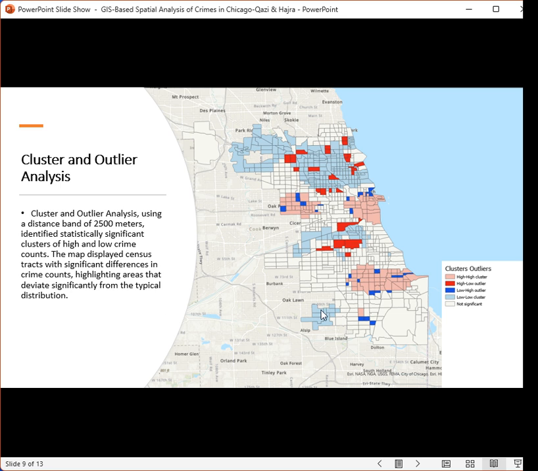The blue census tracts, as we are seeing here, represent areas with low counts surrounded by high-count neighborhoods, while the red areas depict high counts surrounded by low counts. It's like finding the unique players in the crime landscape.